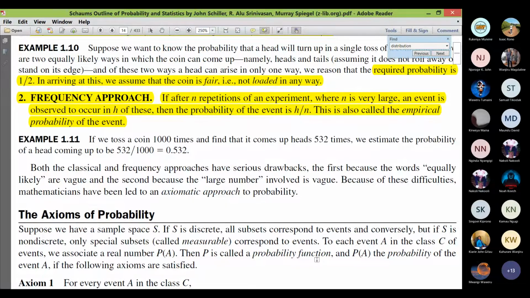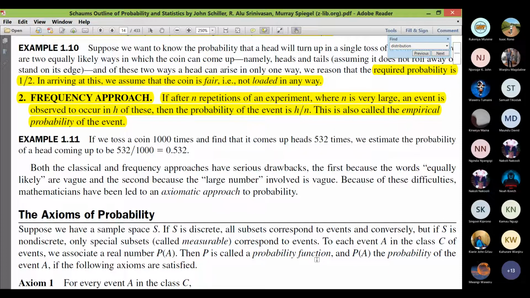The classical approach assumes equal chances. If we were to go by classical and toss a coin 1,000 times, surely we should find 500 heads and 500 tails. That is not the case. So that's why they no longer use that assumption. Now they go to the frequency approach, which is more practical.